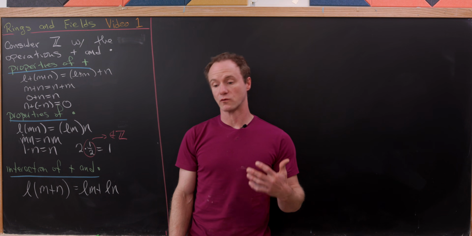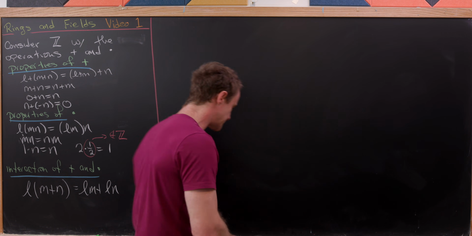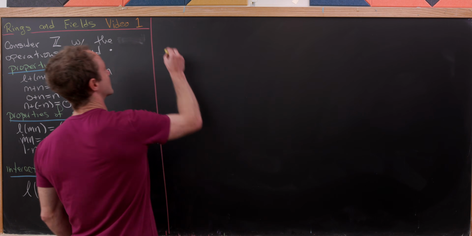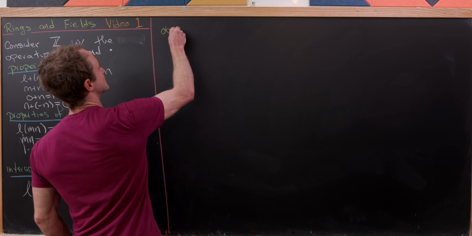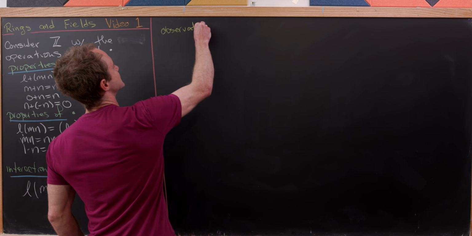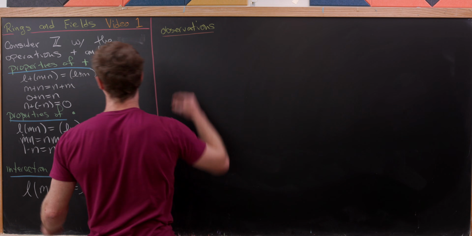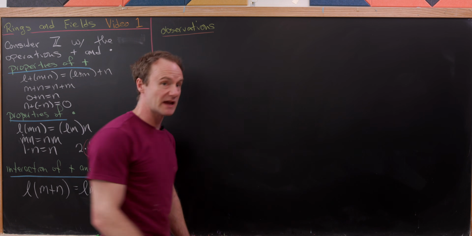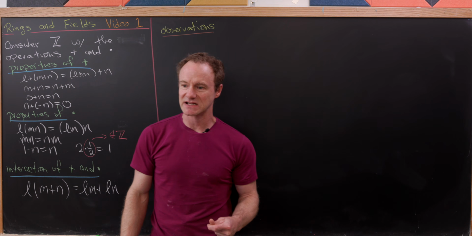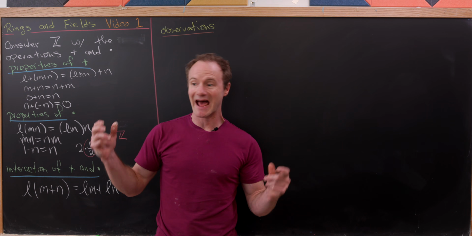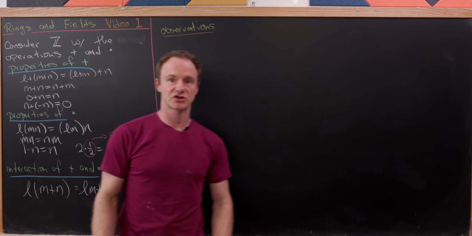But before we do that, I'd like to make a couple of observations. These observations are related to maybe we have some extra properties over here that are not satisfied by some other natural arithmetic structures.